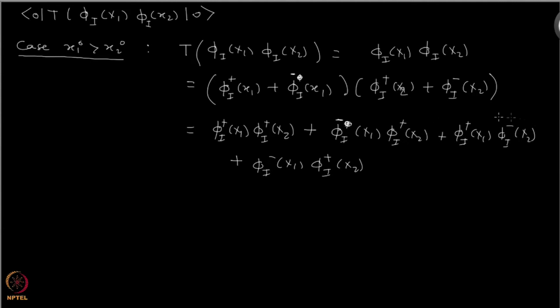But this one will not kill the vacuum, so this will give some non-zero value. So I will leave these three terms as they are, and interchange the order of phi minus and phi plus in this term. For that I will just use the commutation relation and write this as phi minus x2 phi plus x1, and then you have a commutator.